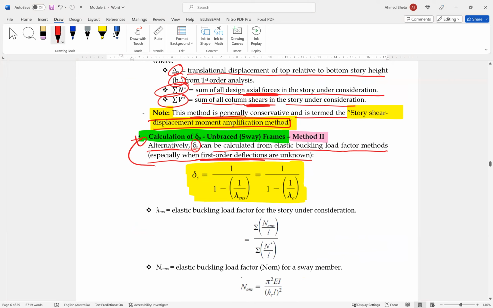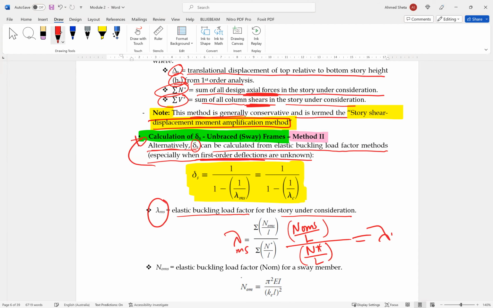So delta S equals 1 over 1 minus 1 over lambda ms, equals 1 over 1 minus 1 over lambda c, where lambda ms is the elastic buckling load factor for the story under consideration, and lambda ms equals summation N_oms over L over summation N star over L. So for each member, N_oms over its length, over N star over its length. So this is equal to lambda ms.